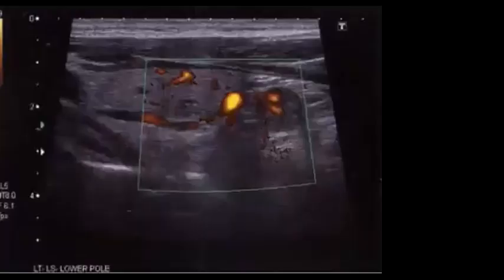Okay, so this is a trauma patient. Let's shift to this case, which is a thyroid ultrasound. This patient did an ultrasound of the thyroid, and he has this appearance. So our expert in the ultrasound, how do we describe it?